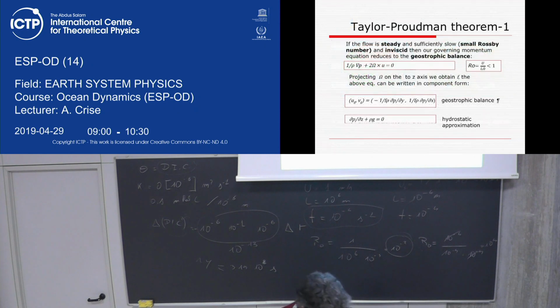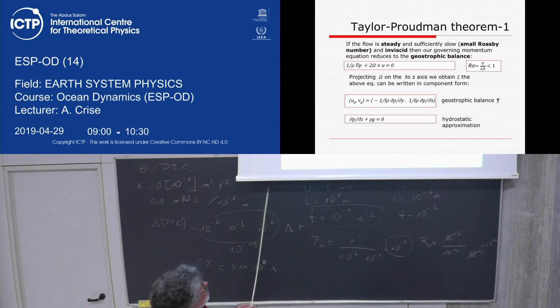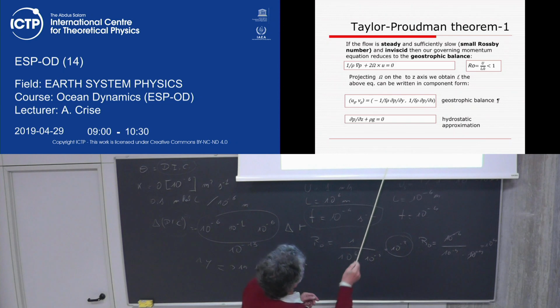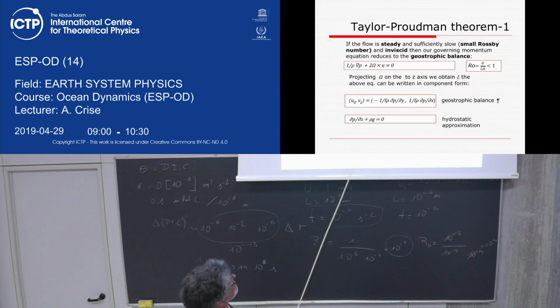And there is an explanation of that. Maybe you have already heard about this theorem, the Taylor-Proudman theorem. If you have a steady flow and small Rossby number, so it's moving slowly, and there is elevation.